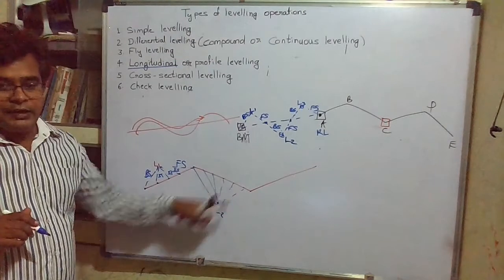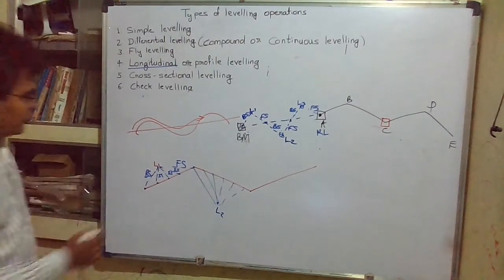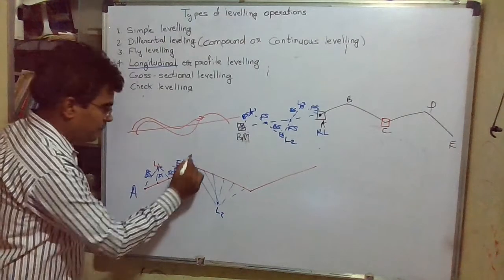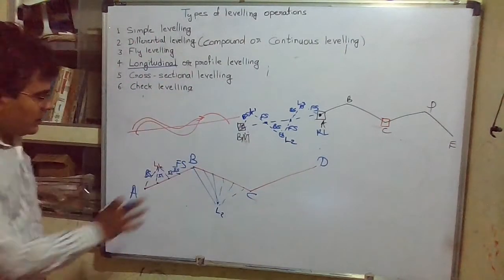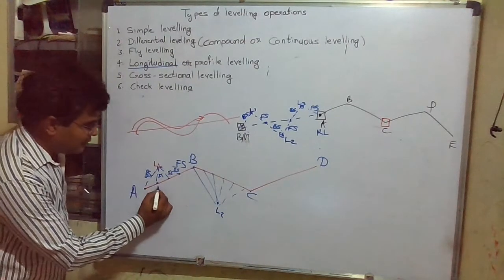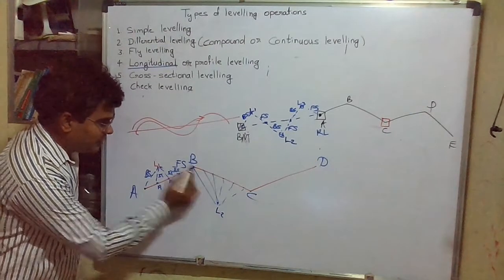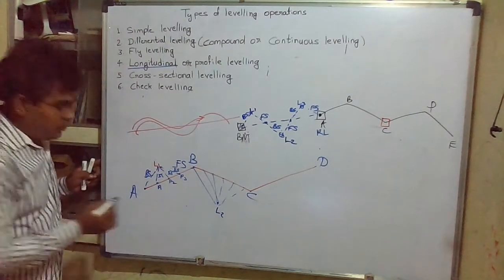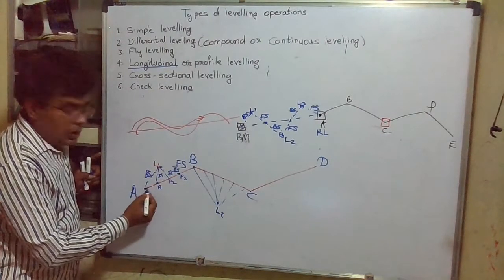By taking these readings, we can know the nature of the ground. Suppose points A, B, this is BC, this is CD, and we got the RL of different points. Let these be points P1, P2, P3. So by doing longitudinal leveling, we come to know the RL at various points.